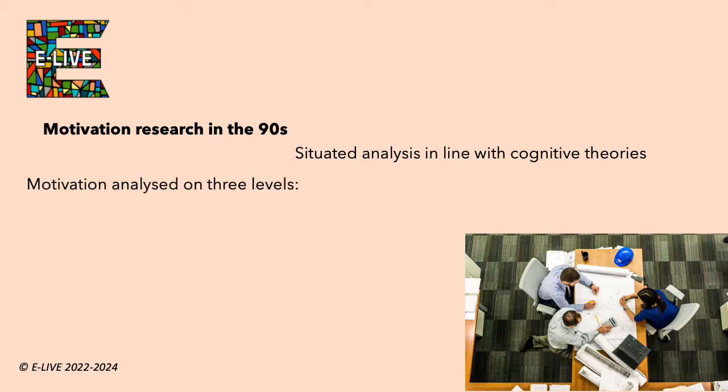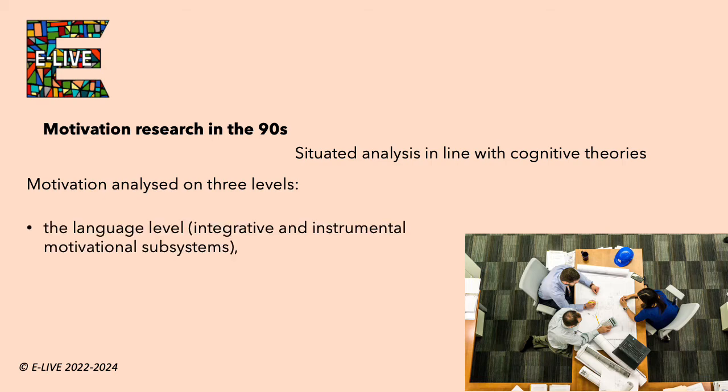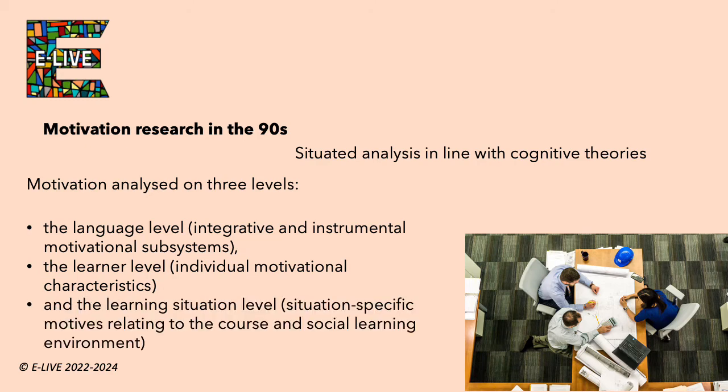This research analyzed motivation in terms of three levels: the language level, integrative and instrumental motivational subsystems; the learner level, individual motivational characteristics; and the learning situation level, situation-specific motives relating to the course and social learning environment.